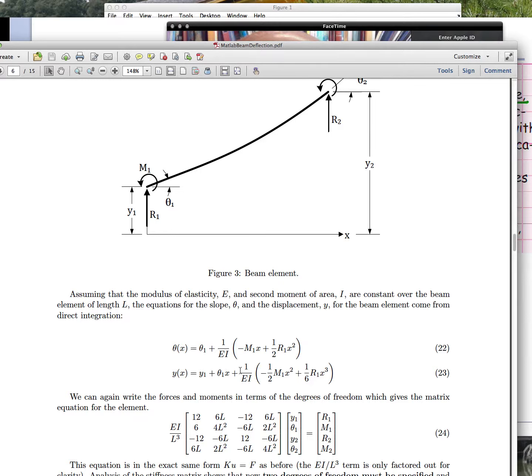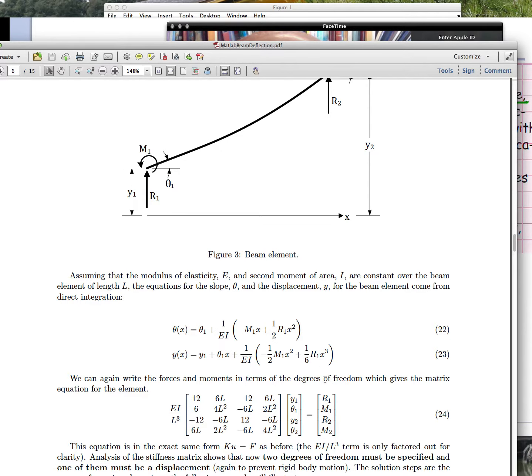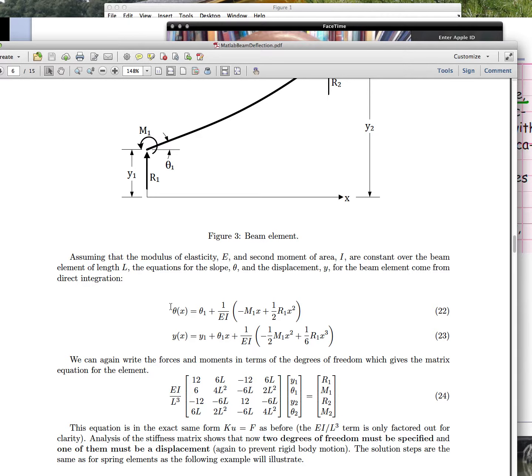And then you do another integration, x becomes x squared, and x squared becomes x cubed. And then you can put this relationship between theta and x here. If you take theta to be theta2 and y to be y2, then you have a relationship between the four terms theta1, theta2, y1, y2.